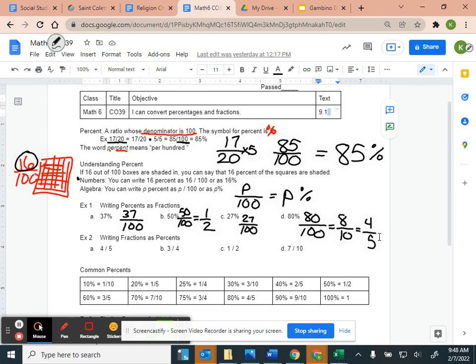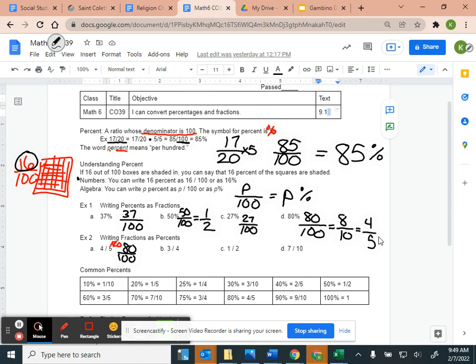If I have 4/5, what do I have to multiply by to get that 5 to turn into a 100? By 20. 5 times 20 is 100. So now I have to multiply my 4 by 20. What is 4 times 20, Nolan? 80.